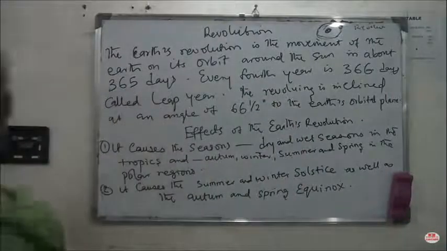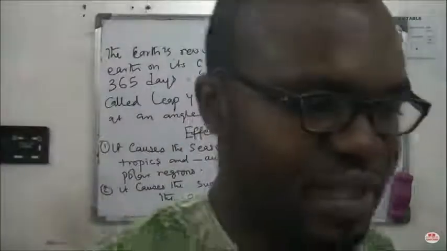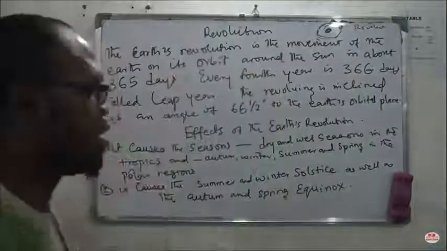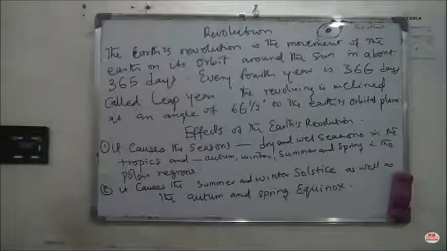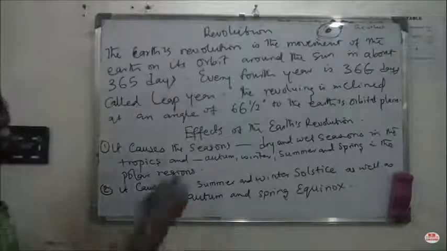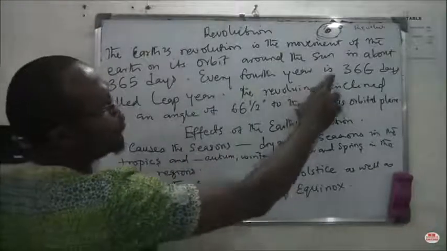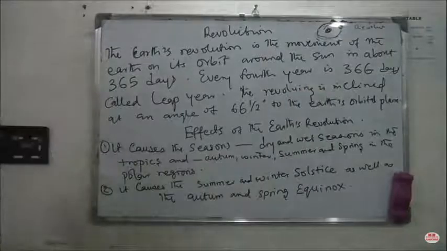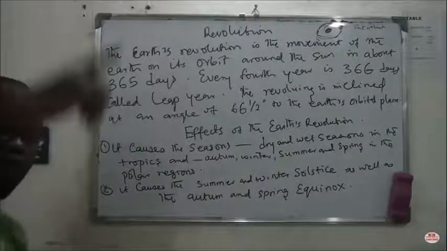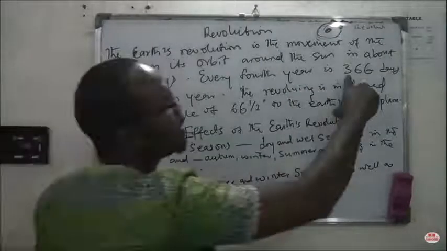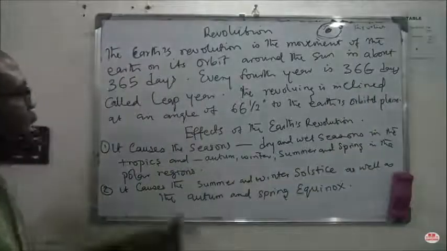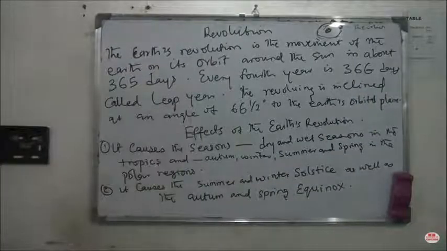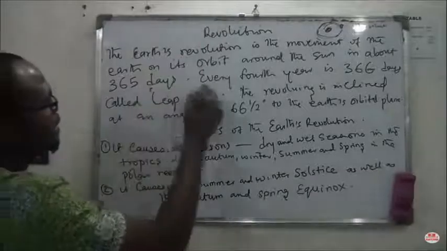It takes the earth 365 days to move around the sun and come back to the initial place of takeoff. Every 4th year, instead of the earth taking 365 days to move around the sun, it takes 366 days, and that is called a leap year.